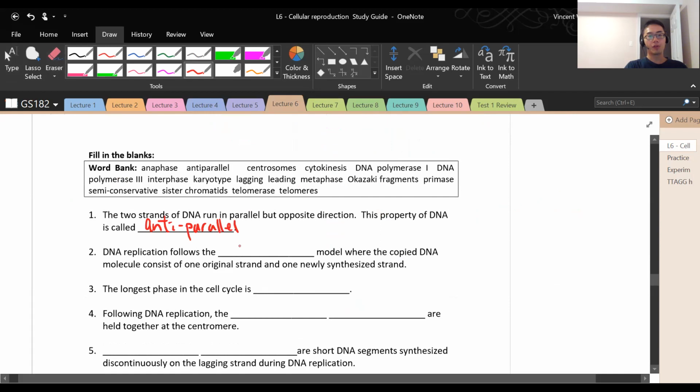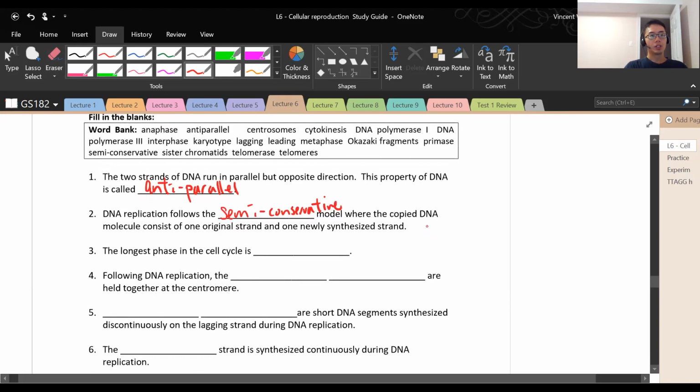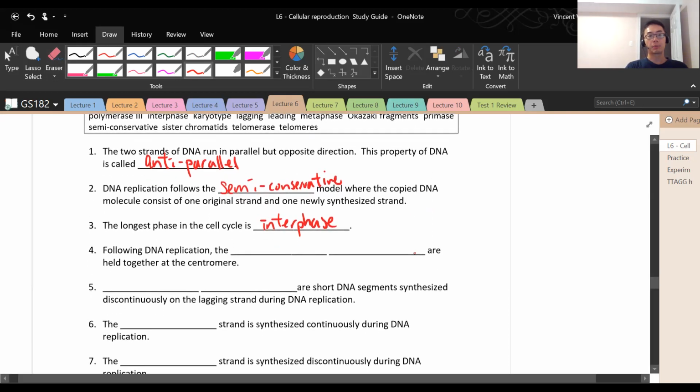DNA replication follows, we just talked about it, the semi-conservative model. The longest phase in cell cycle is the interphase. That's when the cell is doing its regular job, its normal function, and growing, gathering resources, doubling its DNA.